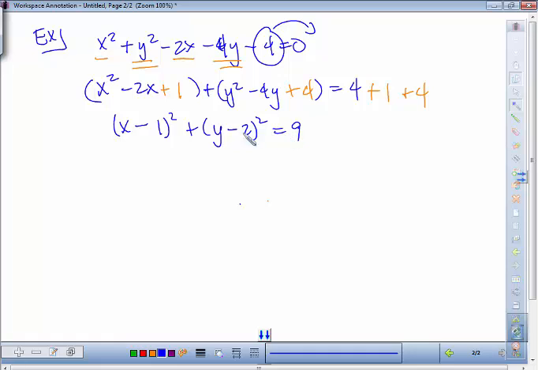Oh, my idea was dividing by 9 to get 1 on the other side. Let me do that just to show you, but you'll see that when you divide by 9 on both sides, you get x minus 1 squared, and I'm going to rewrite 9 as 3 squared.